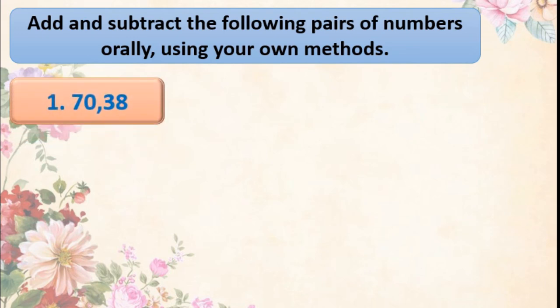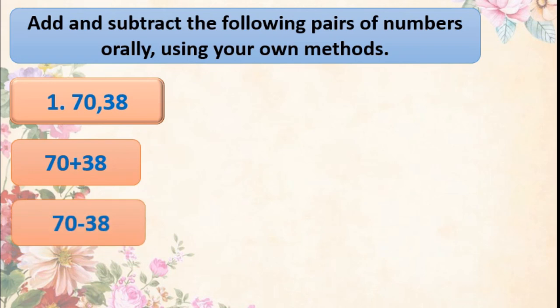This is the last sum, 70 and 38. 70 plus 38, 70 minus 38. This is more easy because 0 is there in the unit place. So 70 remains as it is and 38 means 3 tens.